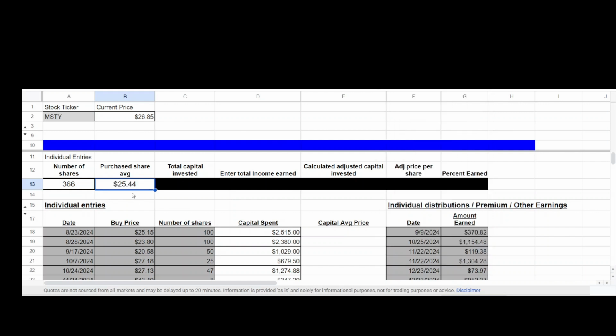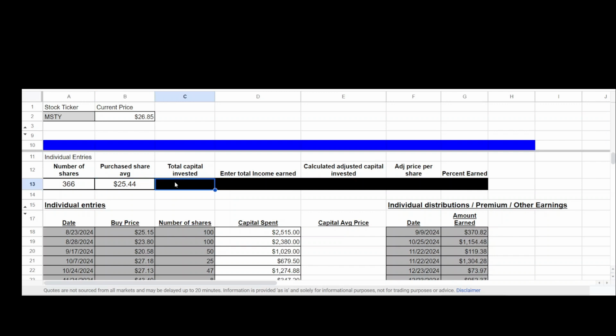The actual current price is $26.85, so I am just slightly under the current price. But that is not my real average price per share. That is only the average price per share that I paid for those shares.